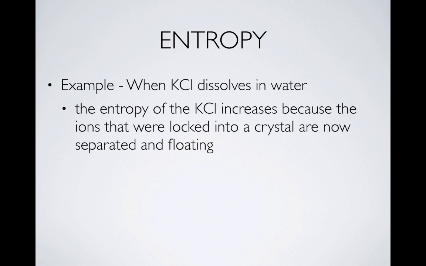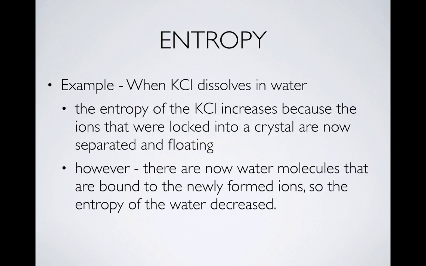We have that crystalline lattice of potassium and chloride ions alternating in that lattice, and that's how it is as a solid. Then when we dissolve it in water, we know it dissociates into potassium ions and chloride ions. So we took something that was very low entropy, that crystal, and we separated all those particles out, and now they're completely separated and floating around in that solution. So we've increased the entropy of the potassium chloride.